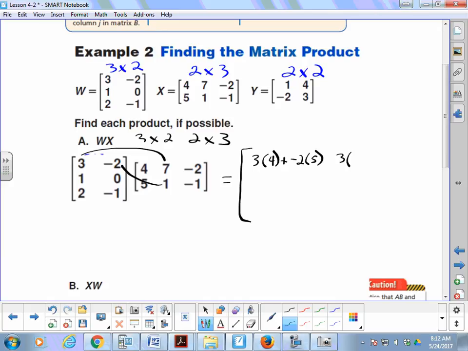I'm going to run out of space. Then we're going to multiply row 1 times column 3, so 3 times negative 2 and negative 2 times negative 1.